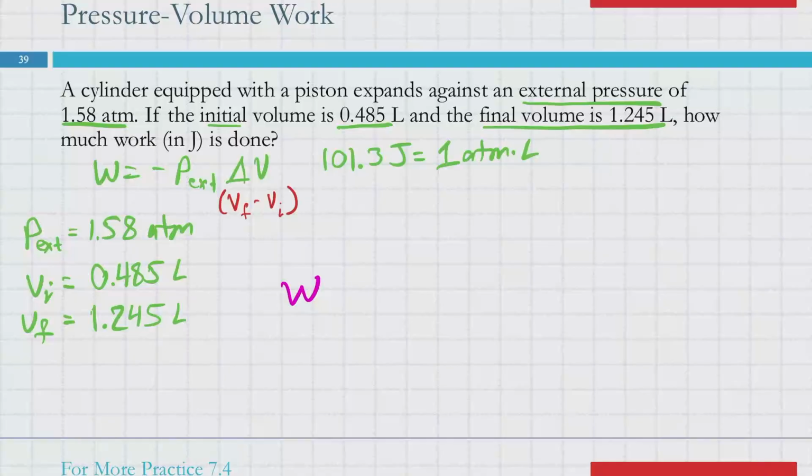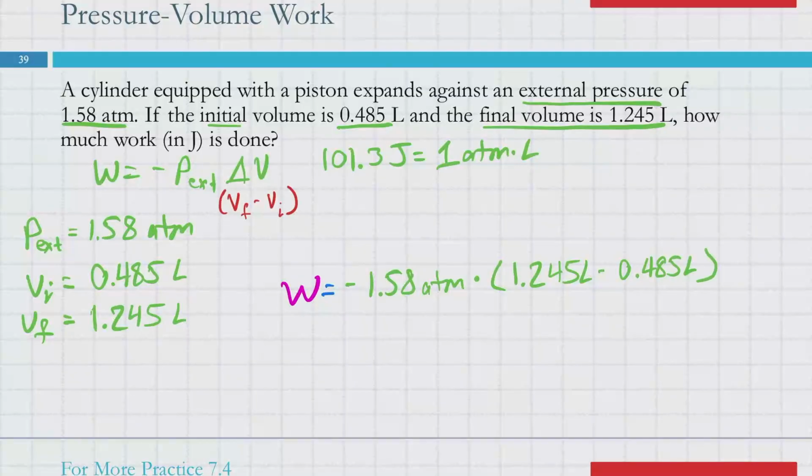So we get W equals negative external pressure, 1.58 atmospheres, times our change in volume. Our final volume is 1.245 liters. Our initial volume was 0.485 liters.